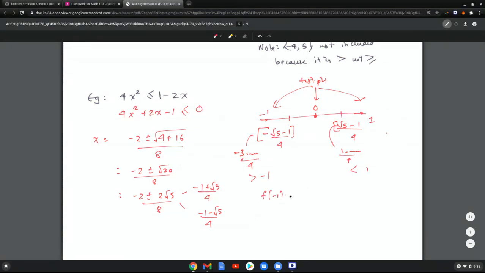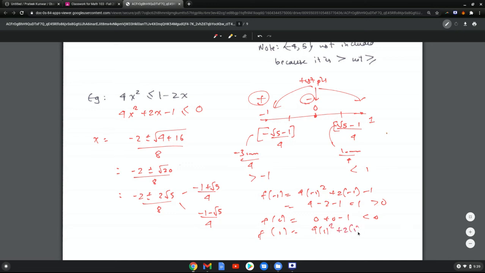f of negative 1 is 4 times negative 1 squared plus 2 times negative 1 minus 1. That's 4 minus 2 minus 1, which is 1, which is positive. So it's positive here. f of 0 is clearly 0 plus 0 minus 1, which is negative. So it's negative here. And f of 1 is 4 times 1 squared plus 2 times 1 minus 1, which is positive.